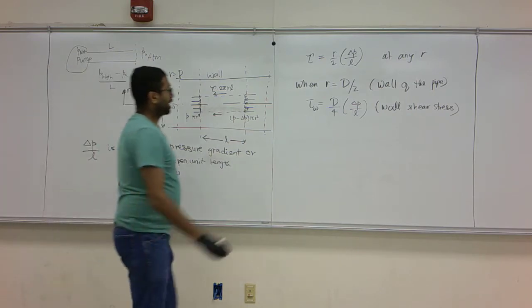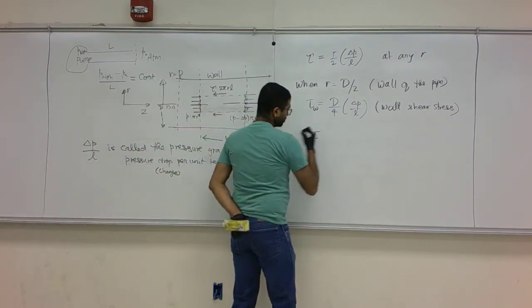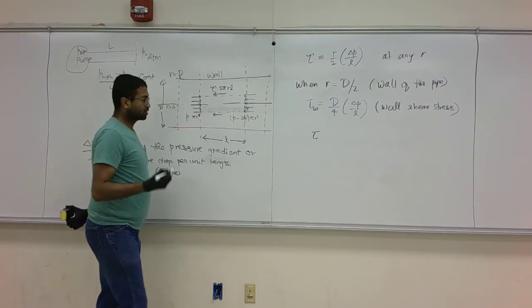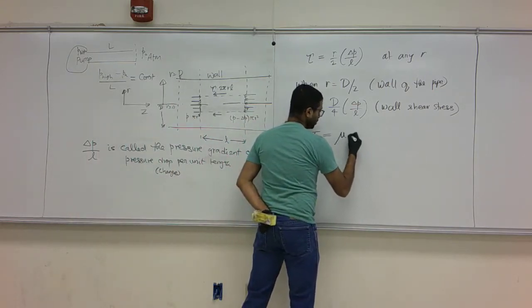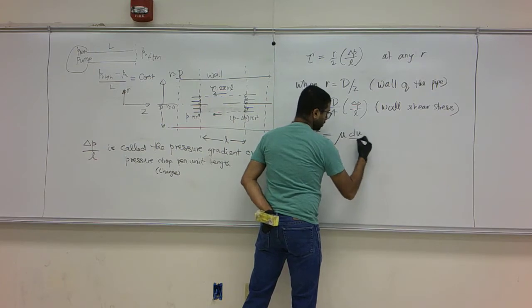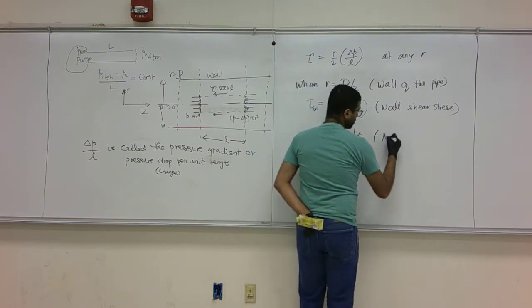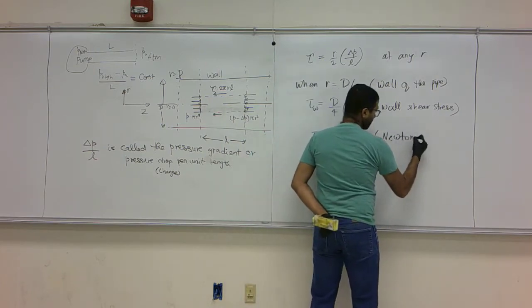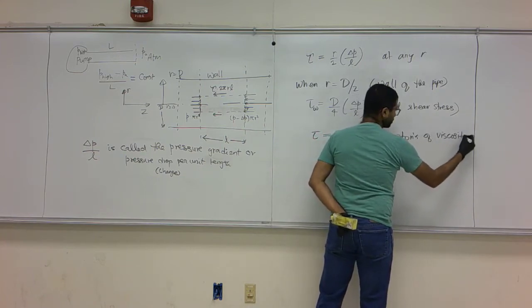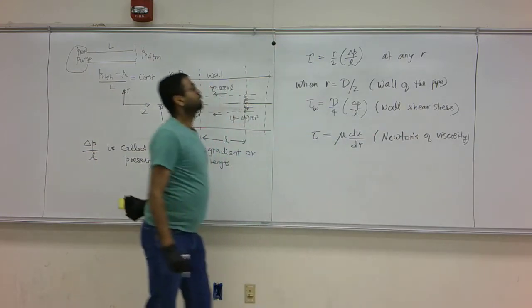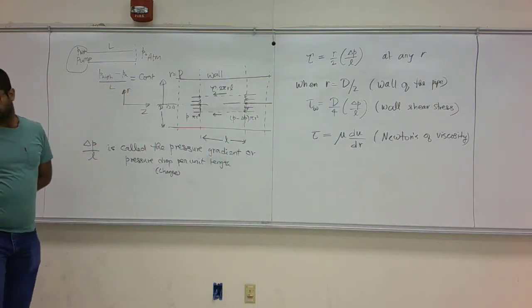Now we do have that tau, from Newton's law of viscosity, is equal to mu du dr. This is Newton's law of viscosity.